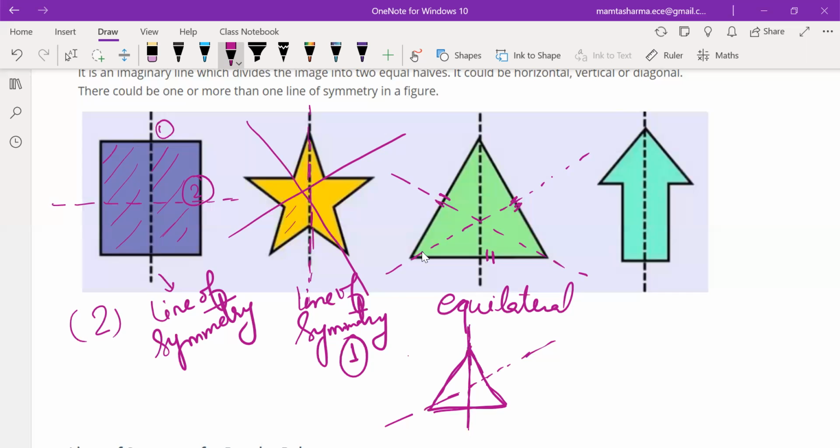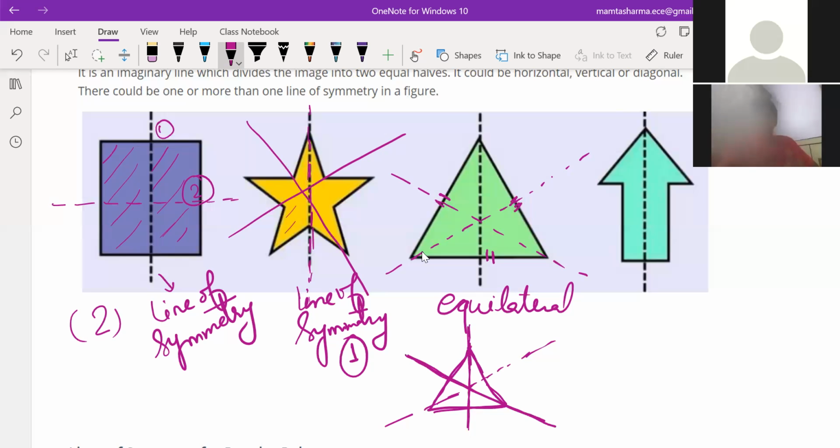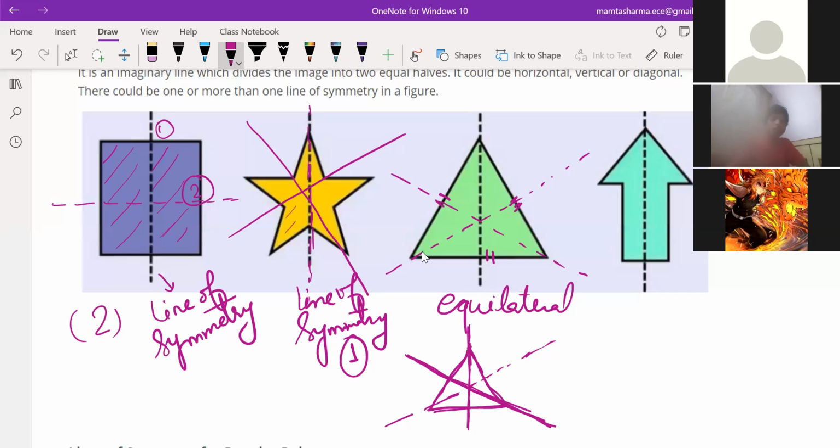If you fold along this line, both parts will exactly cover each other, or coincide with each other. No part would be left out. It means we can draw three lines of symmetry in an equilateral triangle.